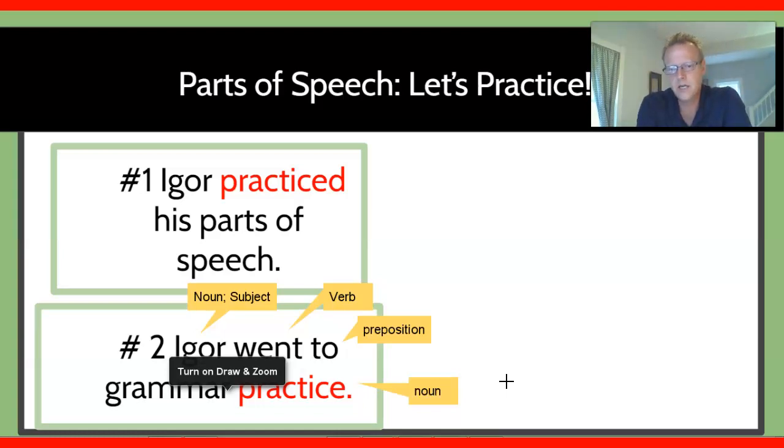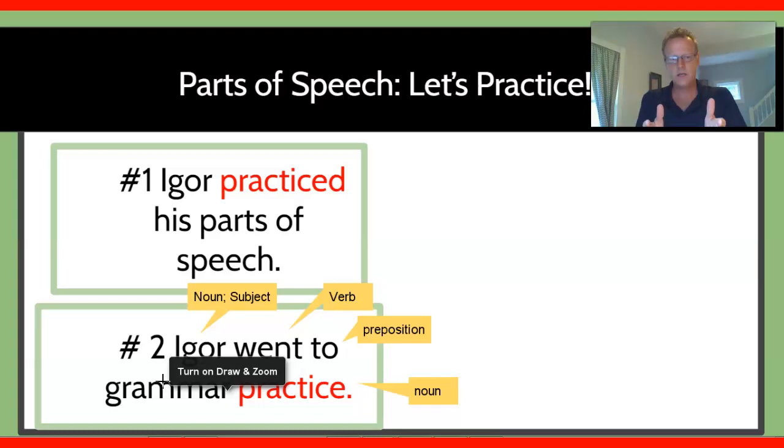So it is a noun. This preposition here shows the relationship of Igor and his practice. Two nouns, a noun and a noun. A preposition shows the relationship between two nouns. What's grammar? What is it doing? Grammar practice.